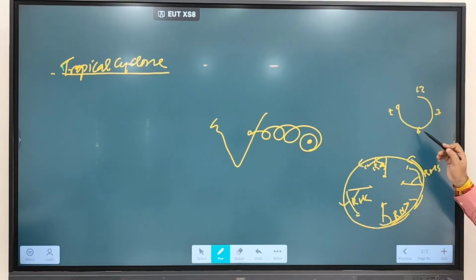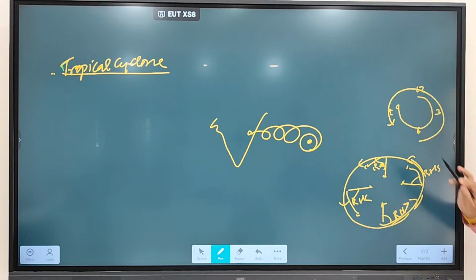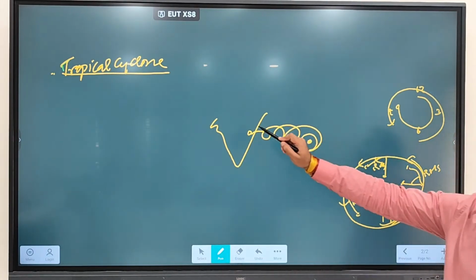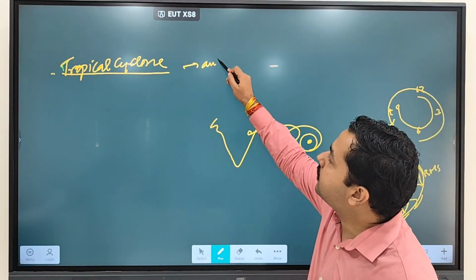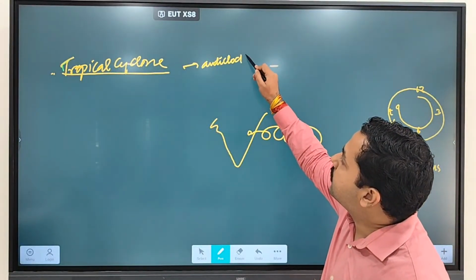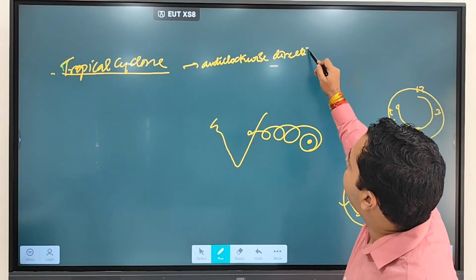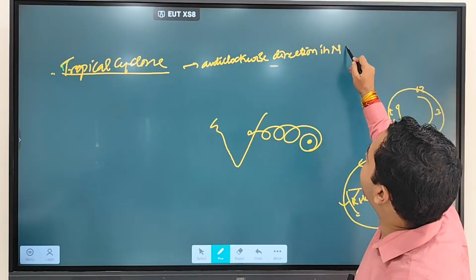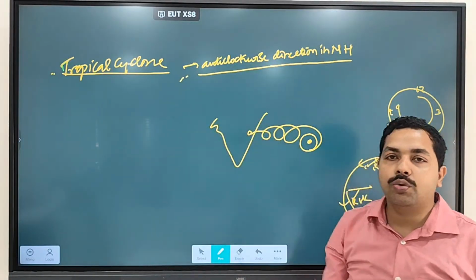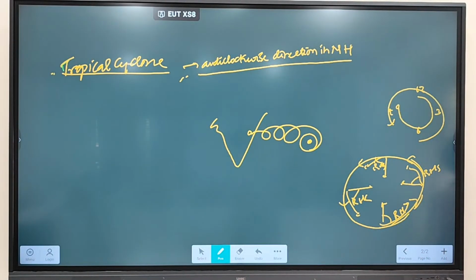When you are moving opposite, it is called anti-clockwise. So a tropical cyclone moves in which direction? Anti-clockwise direction, in the northern hemisphere. Clear? They move in an anti-clockwise direction in the northern hemisphere.